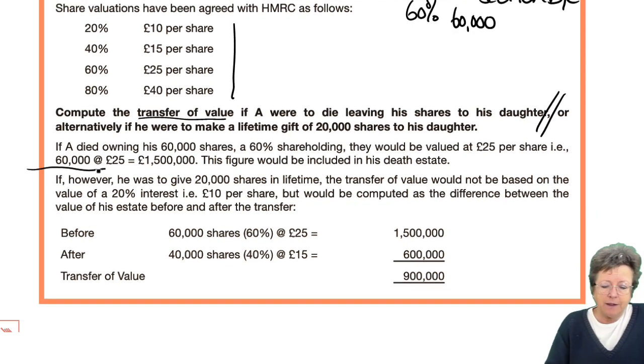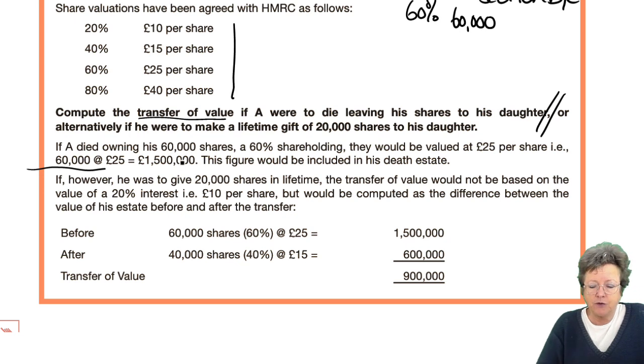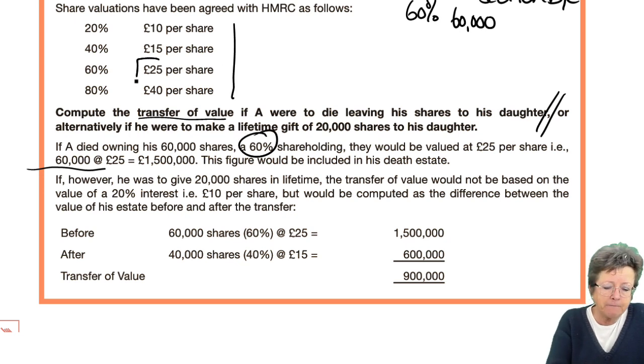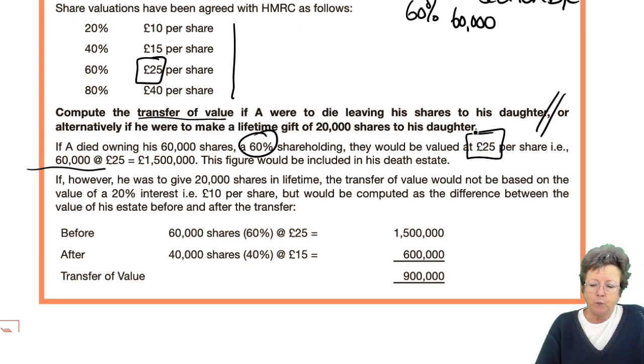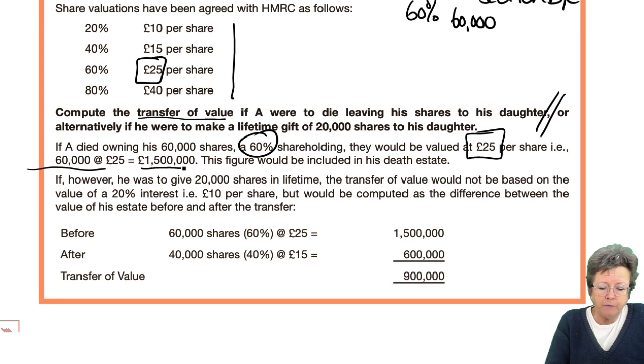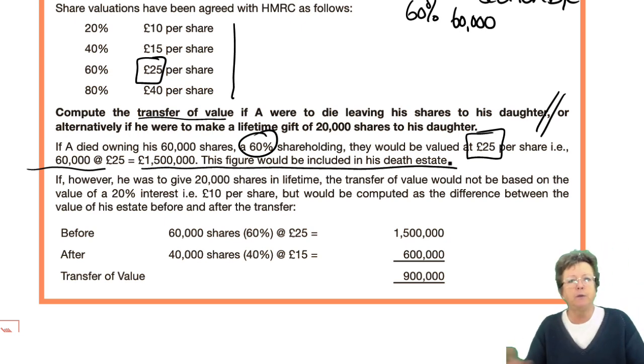If A dies owning 60,000 shares, which is a 60% holding, they're valued at £25 per share, giving a value of £1.5 million, which would be included in the death estate, which we will deal with later. So you may have to do a valuation like that in order to include something in a death estate.